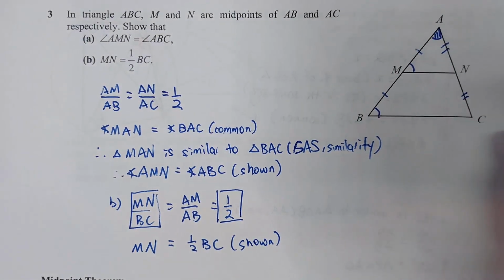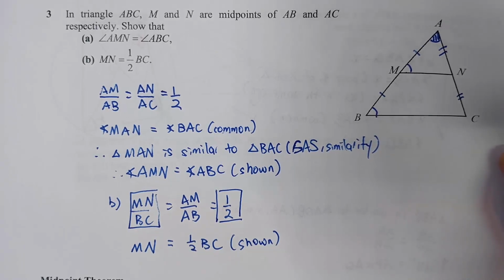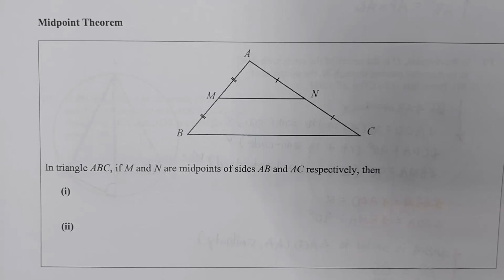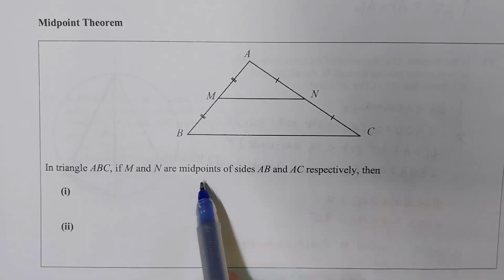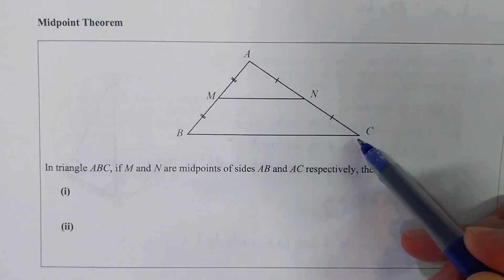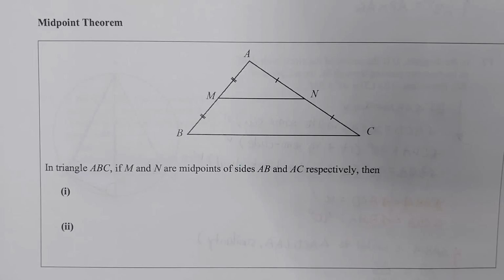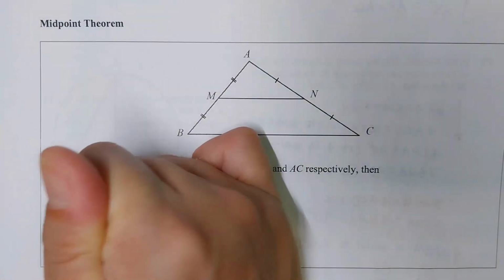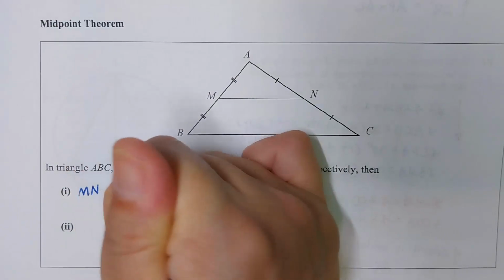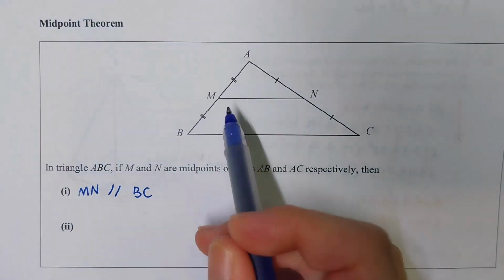So this will lead us to what is known as the midpoint theorem. The midpoint theorem states that if M and N are midpoints of sides AB and AC, we can conclude that MN will be parallel to BC.